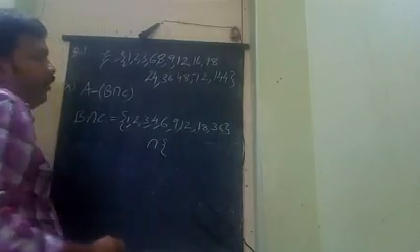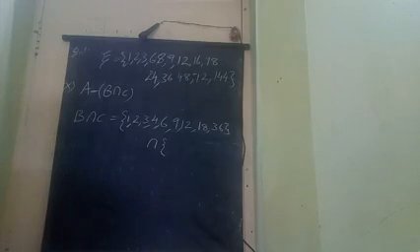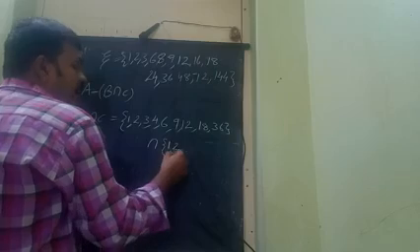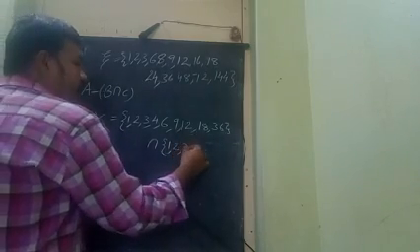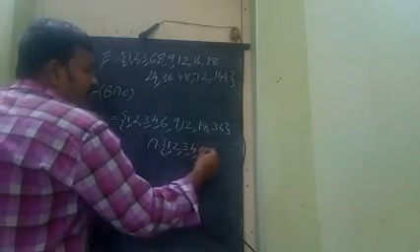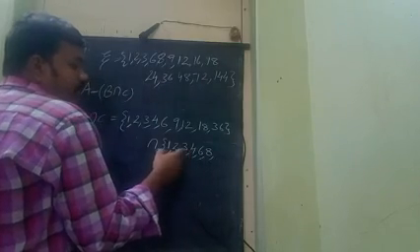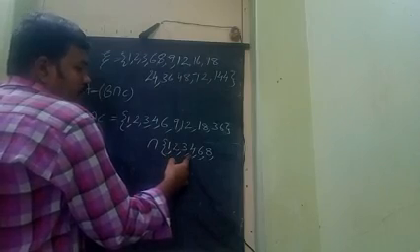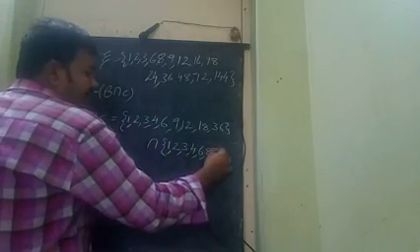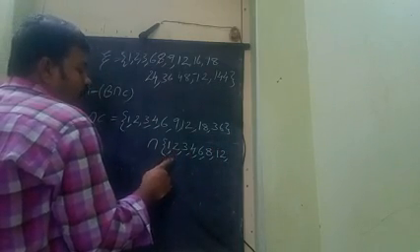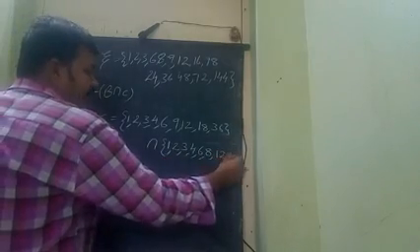Intersection. What is C? The value of C is factors of 48. Factors of 48 means 1 table, 2 table, 3 table, 4 table, 5 table no, 6 table yes, 7 table no, 8 table yes, 9 table no. Next one is 10 table no, 12 table yes, 12 4s are 48. 13, 14, 15 table no, 16 table yes, 16 3s are 48.